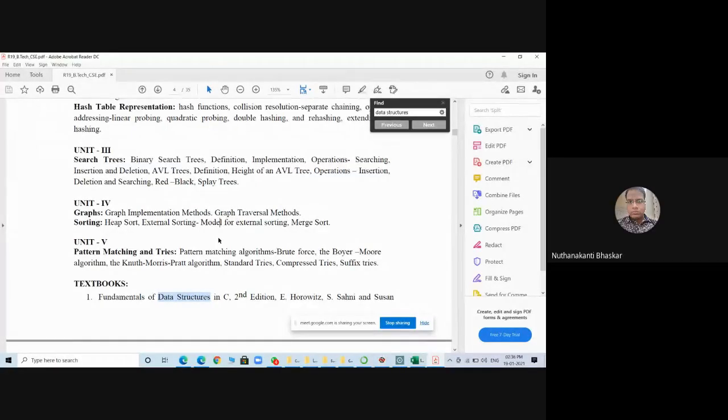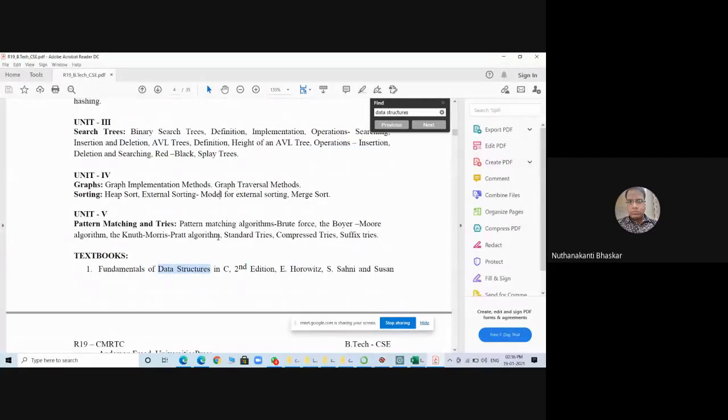Now coming to the fifth unit. If you don't have any doubts, we will start the fifth unit from the next class onwards. This fifth unit is also very simple. They have given a very small syllabus actually. The pattern matching algorithms: brute force, Boyer-Moore, and Knuth-Morris-Pratt algorithm. Three algorithms they have given.